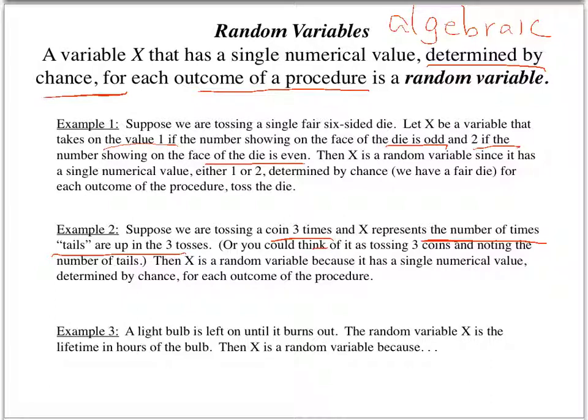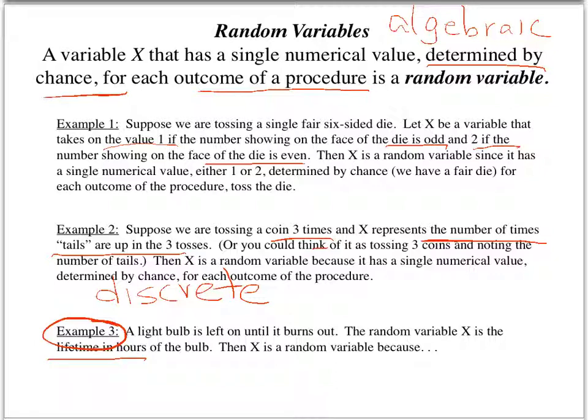Those first 2 examples are examples of discrete random variables because the variable's values are whole numbers. But the third example is an example of a continuous random variable, and we'll deal with those in the next chapter. Just by way of illustration, if you leave a light bulb on until it burns out, then you can think of the random variable X as the lifetime in hours of the bulb.